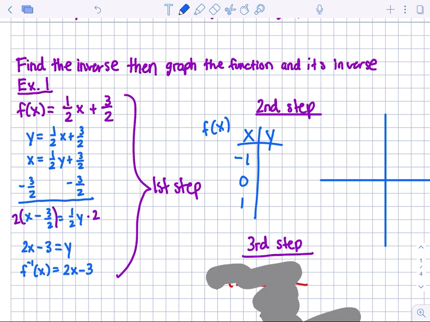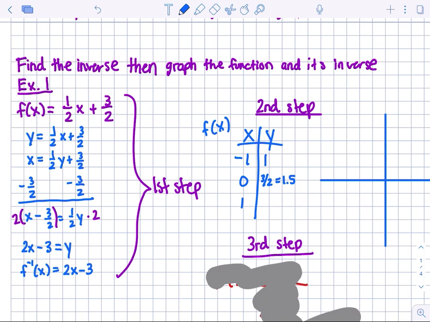So if you plug in -1 into that x, -1/2 plus 3/2 is 2/2, which would give you just 1. If you plug in 0, you're just gonna get 3/2, and 3/2 is equal to 1.5.